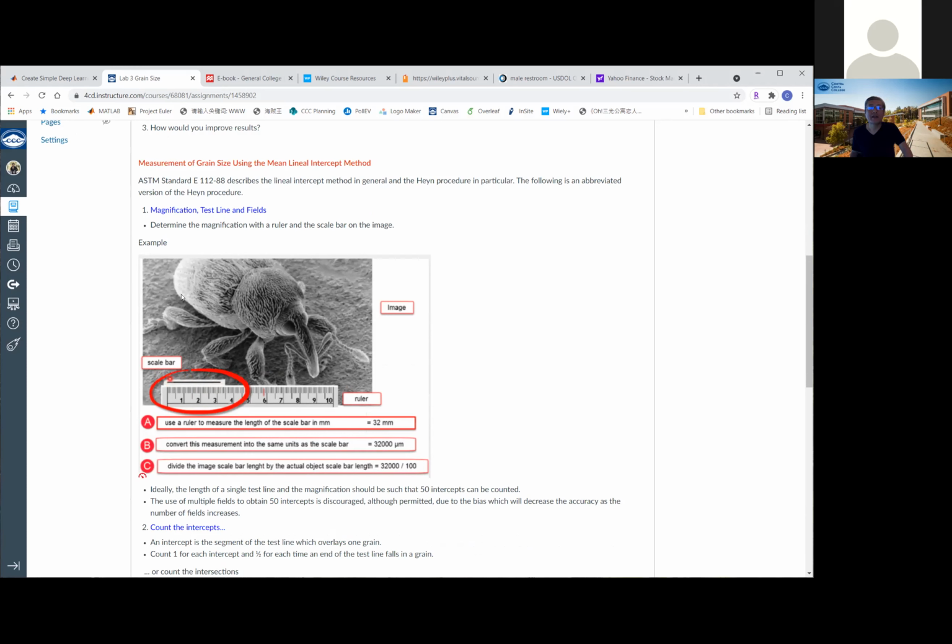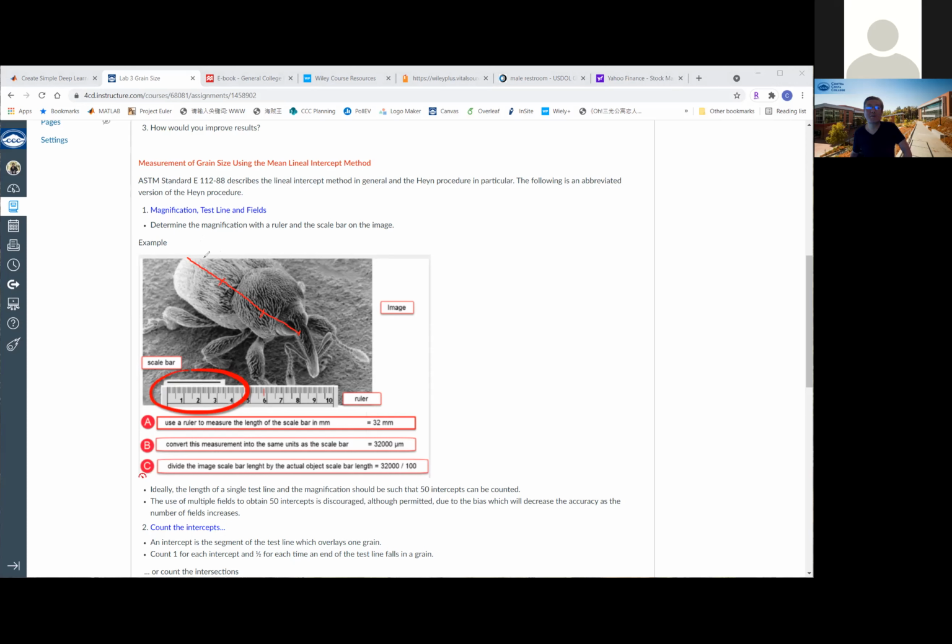If you measure the size of this inset, you draw a line from here to here, and using the scale bar you'll say this is like 1 millimeter, 2 millimeter, probably 3 millimeter. So you will have an idea what the size of this is.